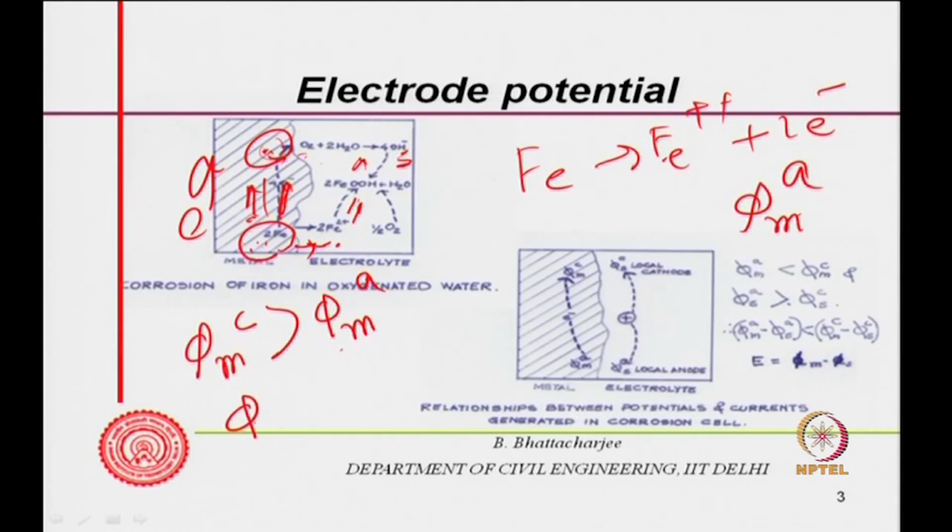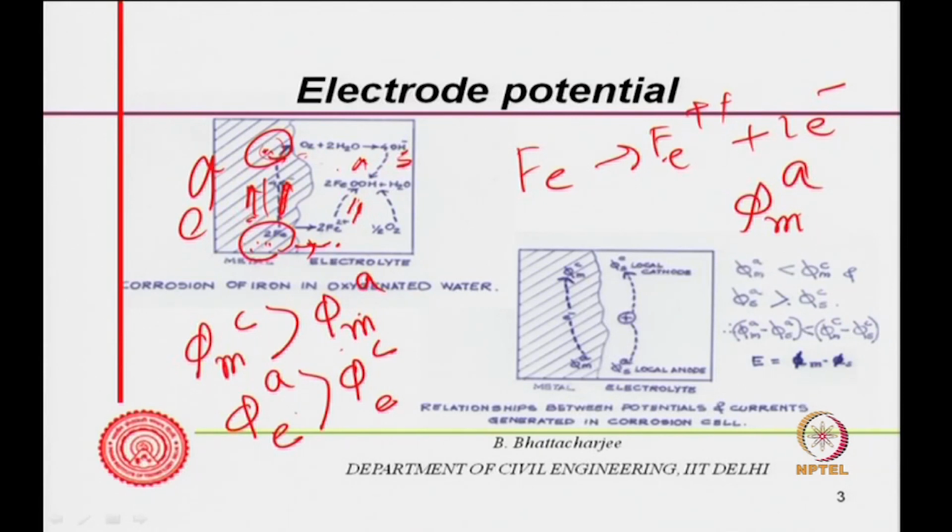In other words, phi electrolyte at the anode must be greater than phi electrolyte at the cathode. So, the potential in the metal at the anode is less than at the cathode, and in the electrolyte the potential at the anode is greater than at the cathode, because the Fe ion is moving along this direction and the electron along that direction.